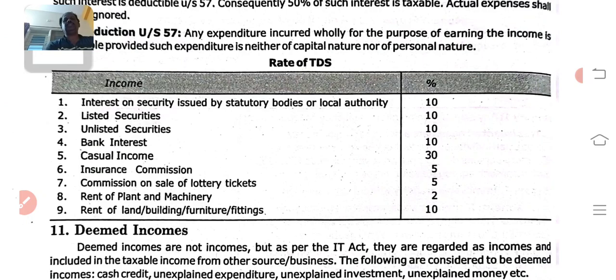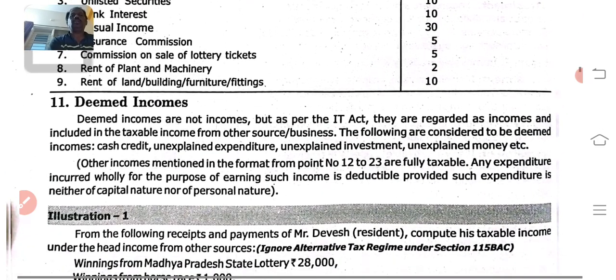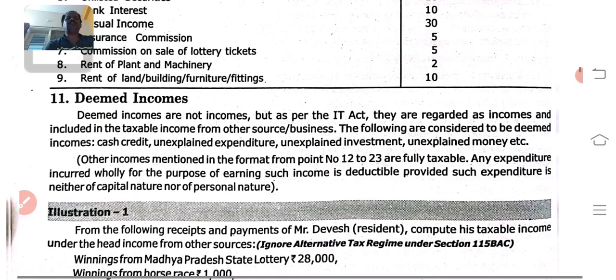Listed 10%, unlisted 10%, bank interest 10%, casual income 30%, insurance commission 5%, commission on sale of lottery tickets 5%, rent of plant and machinery 2%, rent of land, buildings, furniture and fittings 10%, and last one, deemed incomes.